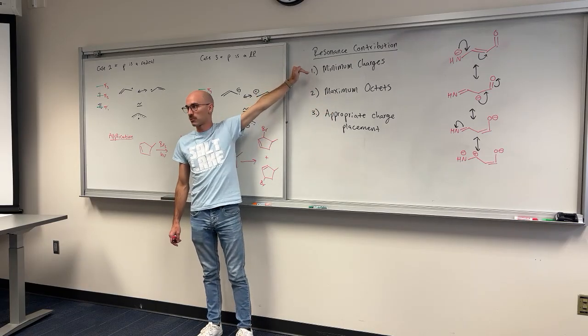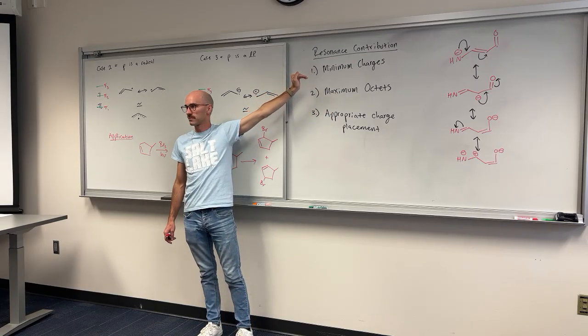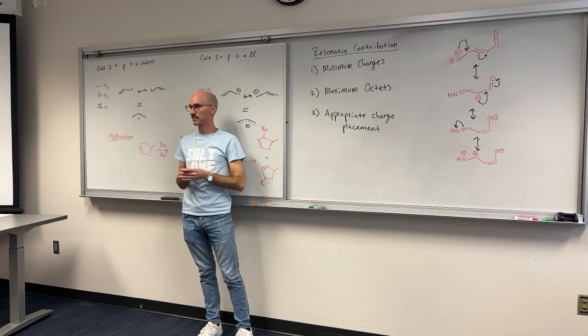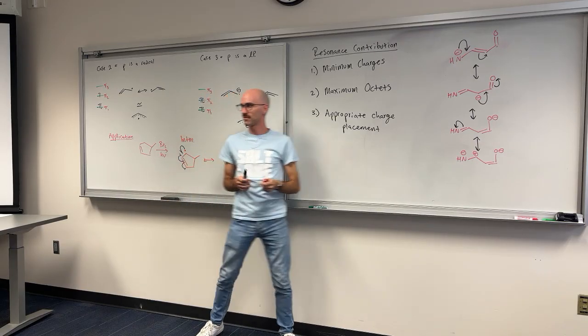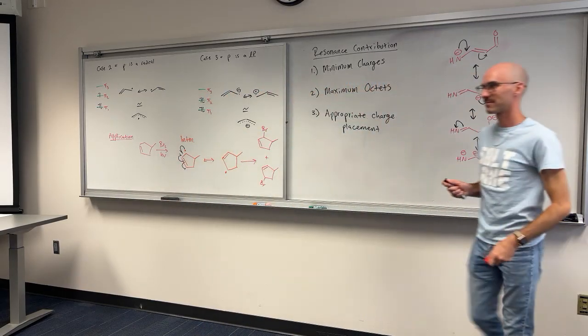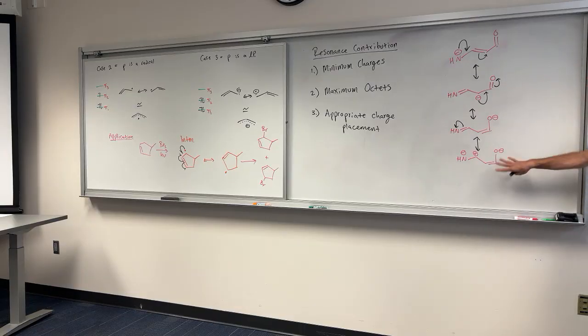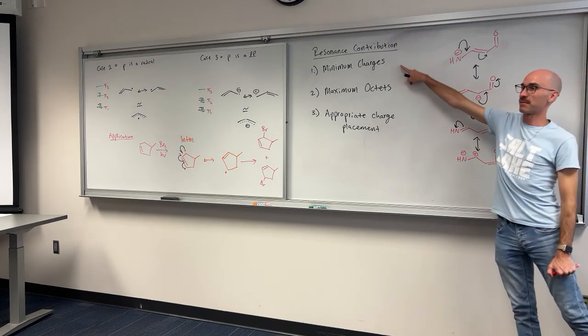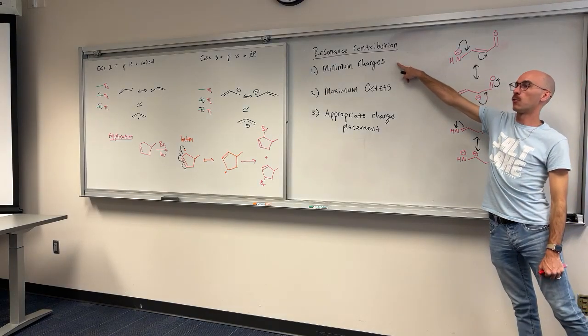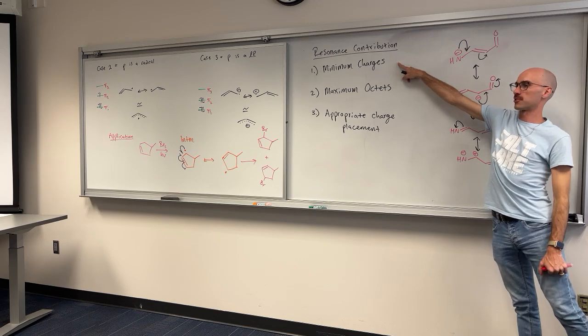One of these breaks rule number one. I was just considering only the last one looked like maybe it was the most stable, because of all the charges? Maybe just because the positive and the negative are next to each other. That is something that we want to avoid. We want to minimize charges.